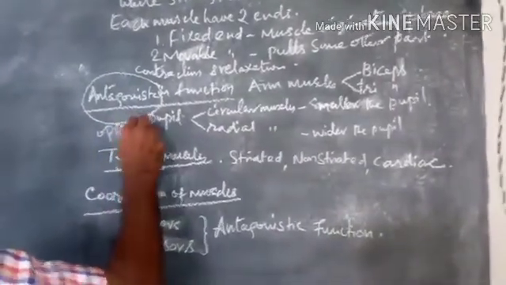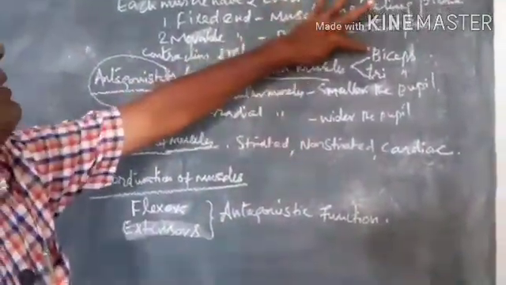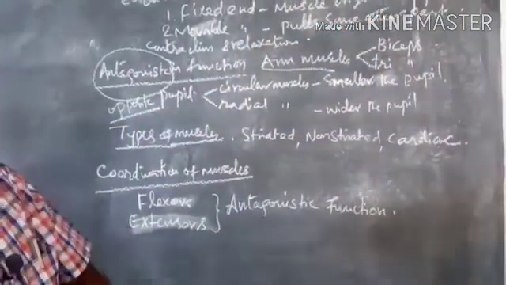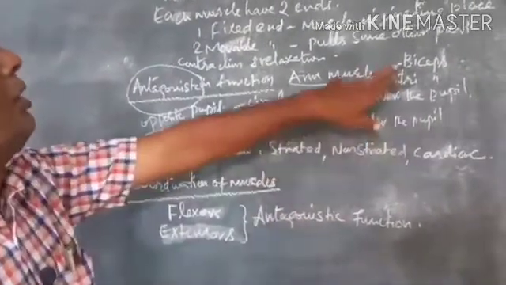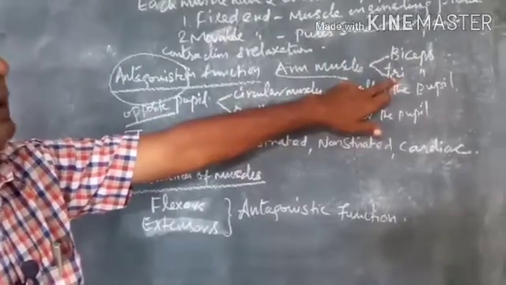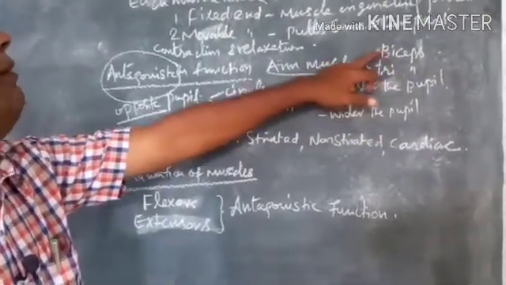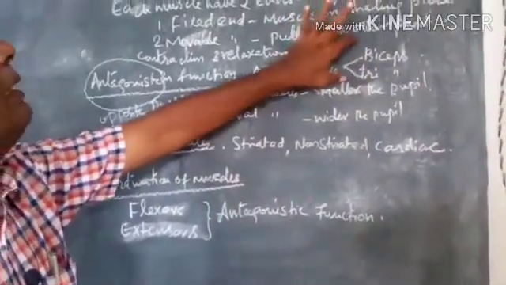So we'll see with an example. For example, arm muscles. Arm muscles are made up of biceps and triceps. Biceps are present on the upper side, triceps on the lower side of the arm. Understand? Whenever the biceps contract, the triceps relax. When the triceps contract, the biceps relax. So whenever we bend the hand, this antagonistic function takes place.